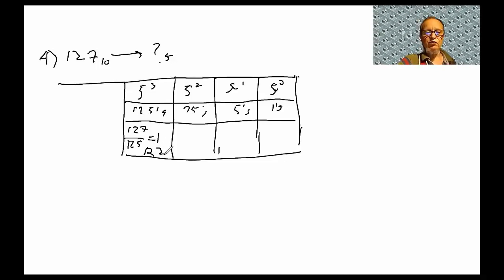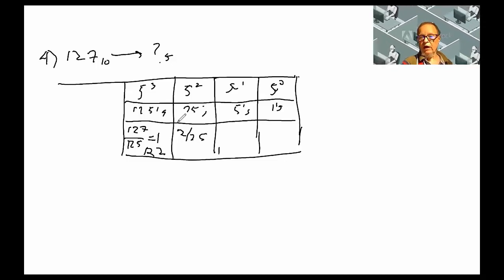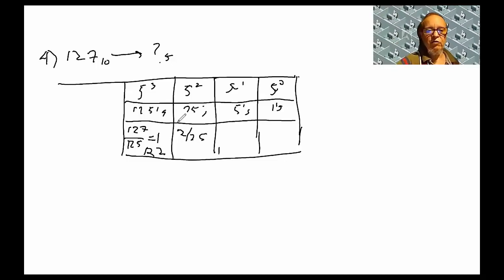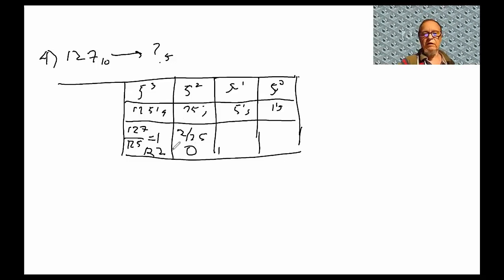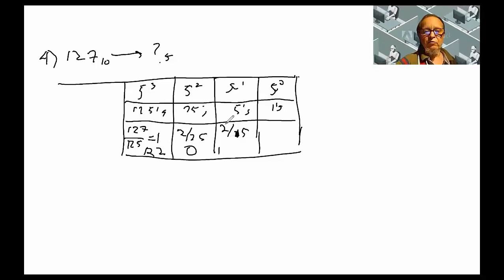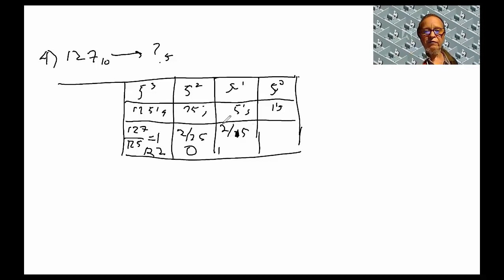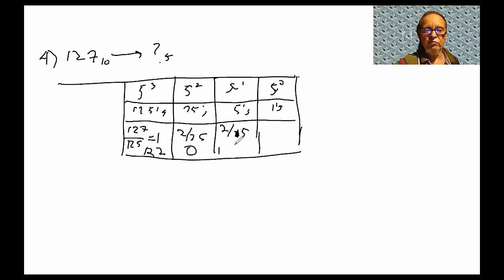Now we take the 2 and we put it in the next column, 2 divided by 25. Well, 25 cannot go into 2 as a whole number. So we'll just put 0 here, and we'll carry it to the next column. 2 divided by 5. Well, again, 5 cannot go into 2 as a whole number. So that's 0.